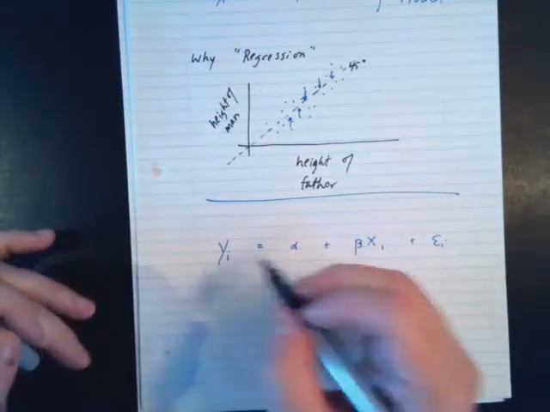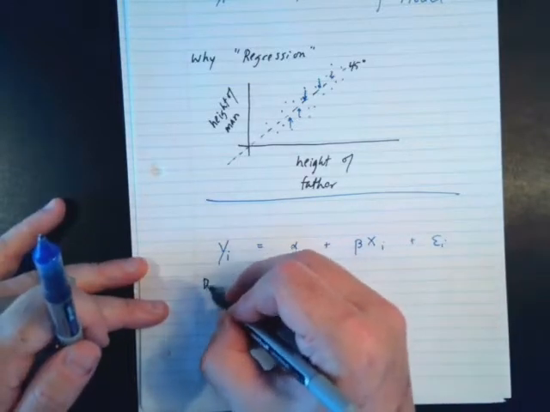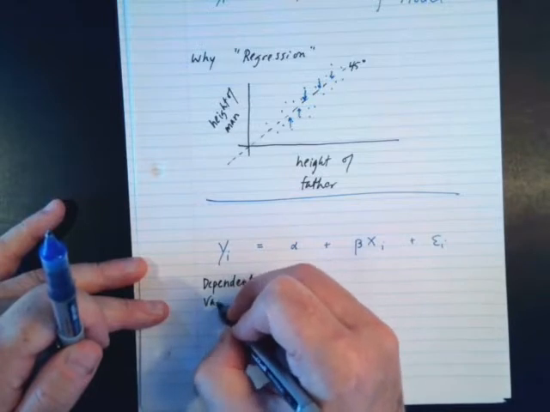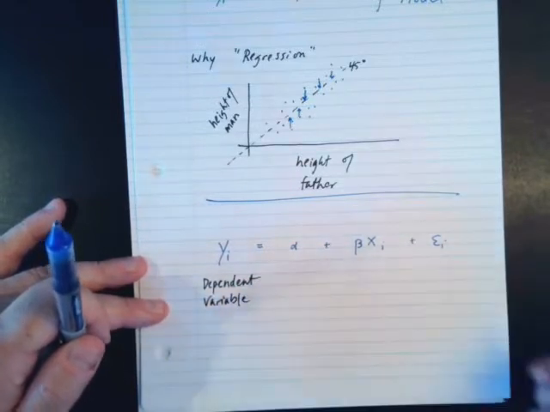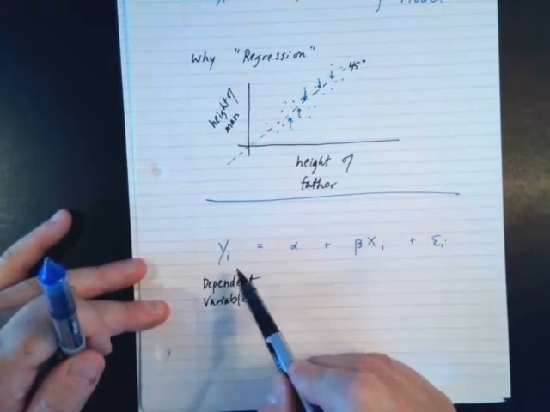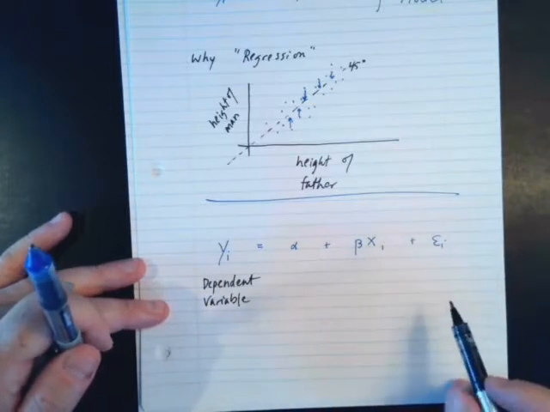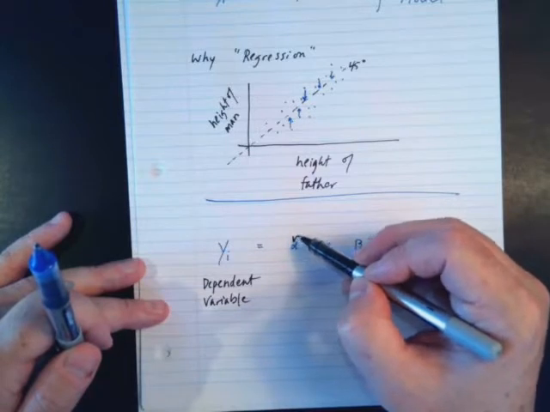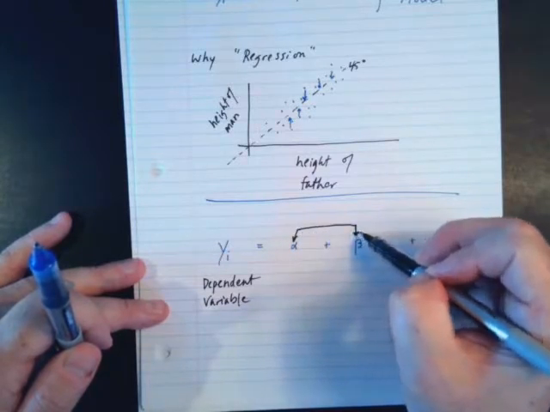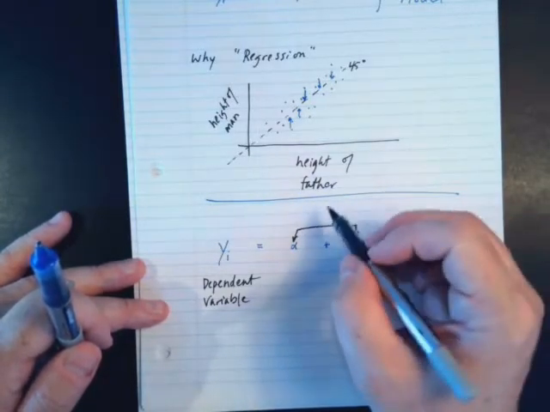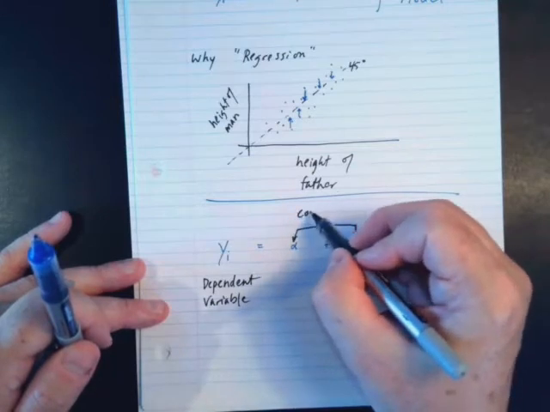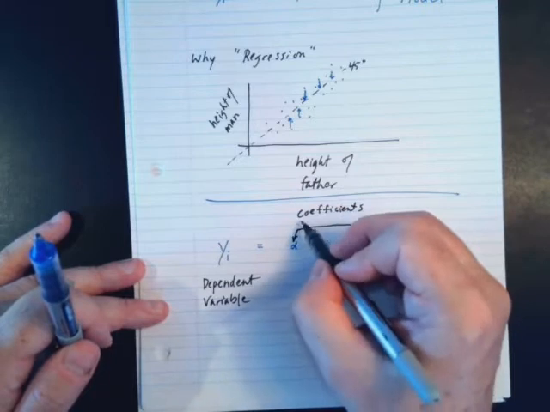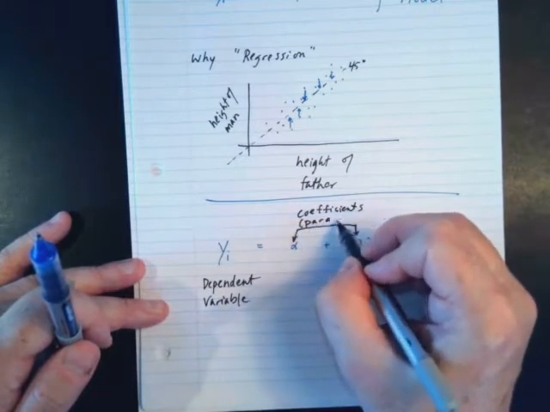The variable on the left-hand side, the one that we're trying to explain, we're going to call the dependent variable. Its value depends on the values on the right-hand side. We have these coefficients here, which we will call coefficients. They're also sometimes called parameters.